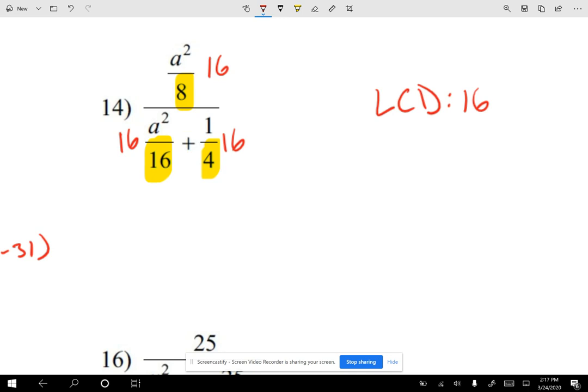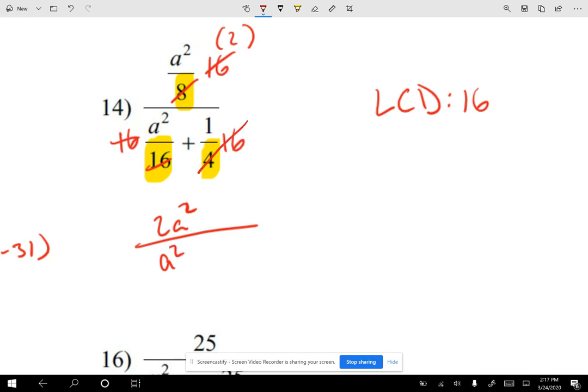All right, so looking on the top, 16 divided by 8 gives me 2. So I'm going to multiply the top by that. So on the top, I have 2a squared. Now at the bottom, my first fraction, my 16 with my 16 cancel out. So that gives me a squared.